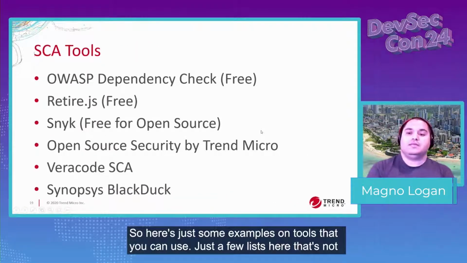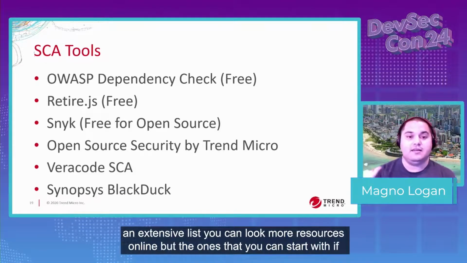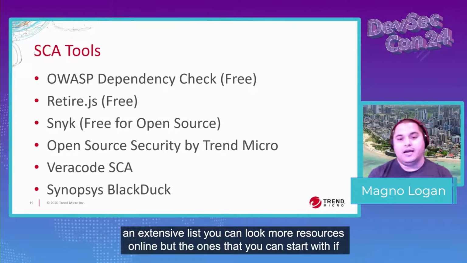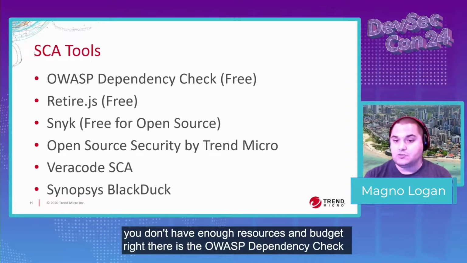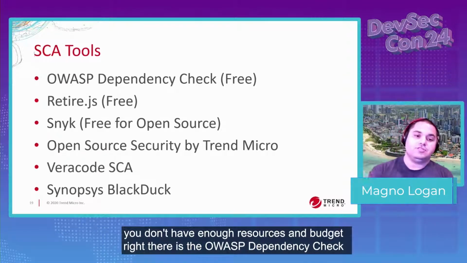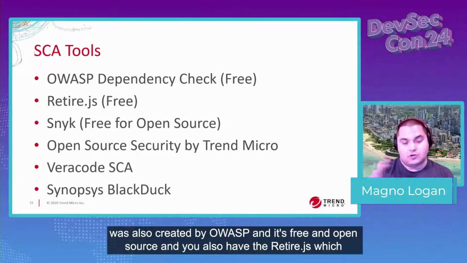So here are just some examples of tools that you can use. It's not an extensive list, and you can look for more resources online. But these are ones you can start with if you don't have enough resources and budget. There is the OWASP Dependency-Check, which was created by OWASP, and it's free and open source.